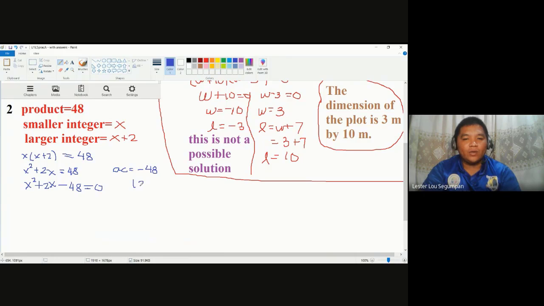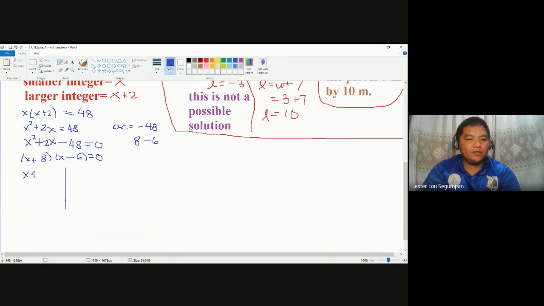You may say 12 and 4, cannot be. Yes, you have 8 and negative 6. 8 times negative 6 is negative 48, and when you add them, it's actually 2. So you have x plus 8 and then x minus 6 equal to 0.